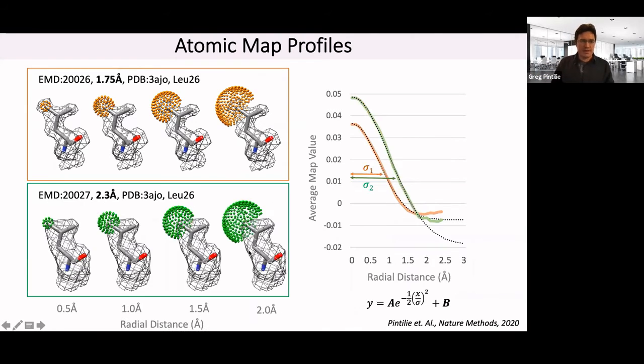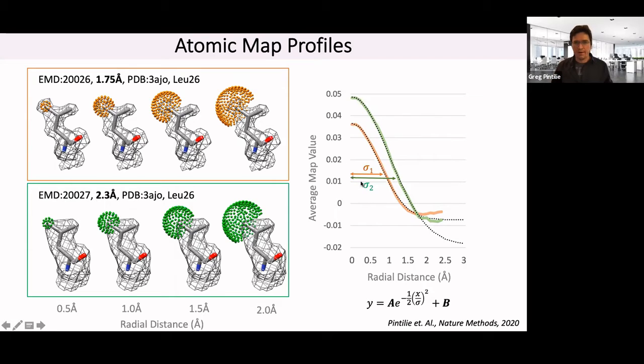So what happens at low resolution? This is the same residue and basically a similar map. These are all maps of vapor ferritin, actually. But this map is at a lower resolution, 2.3 angstrom resolution. If we look at this atomic map profile, first of all, it has a higher height, and that's not too surprising because maps have different ranges of density values.